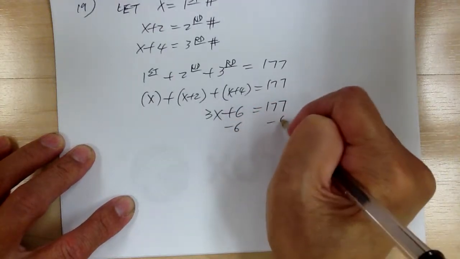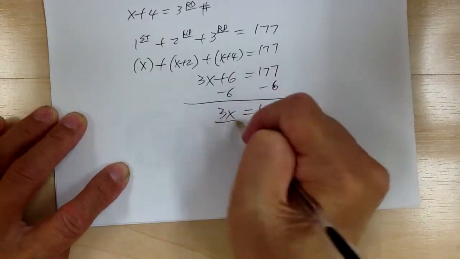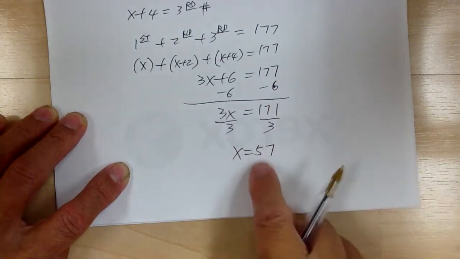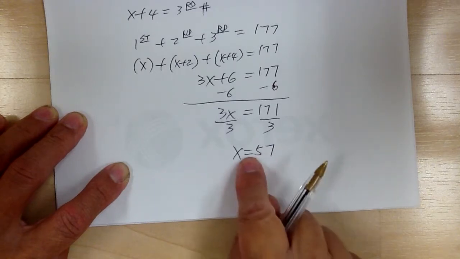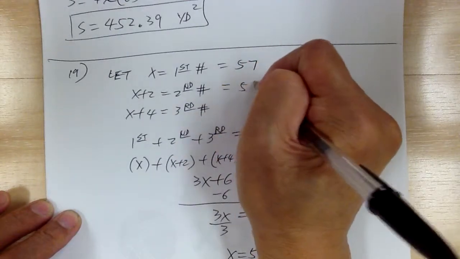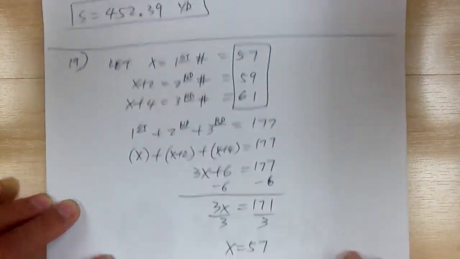Minus 6, so you got 3x equal to 171, divided by 3, so x equal to 57. Once you find x, that's your first number, so this is 57, then 59 and 61. So those are your 3 numbers. Okay, let's go to 21.